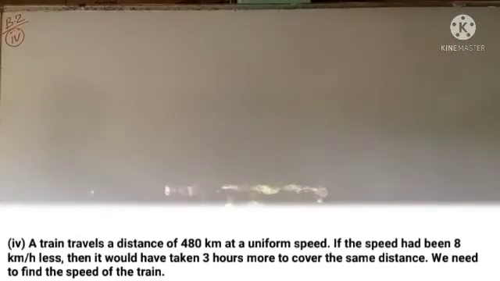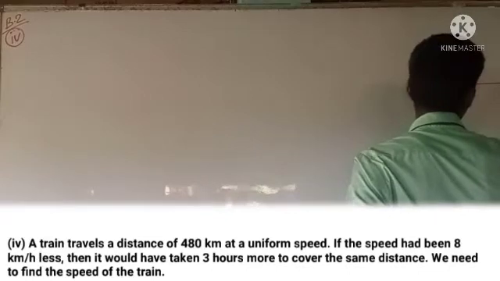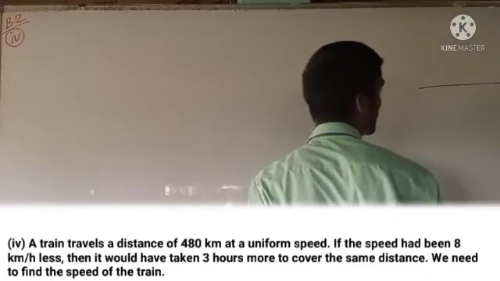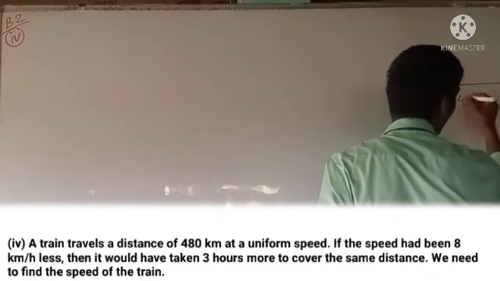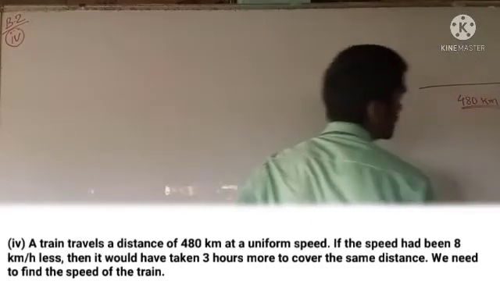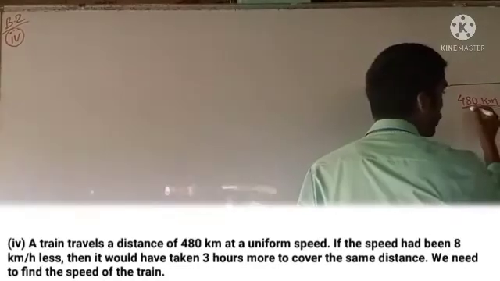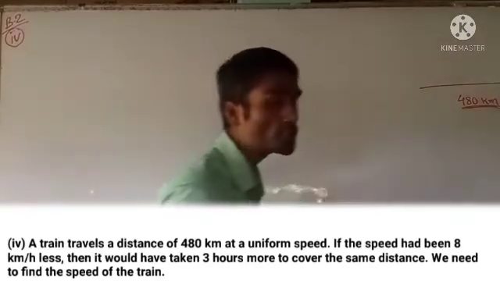Here some conditions are given: a train is traveling at a uniform speed and it covers 480 km. This is the distance it is covering at a uniform speed.